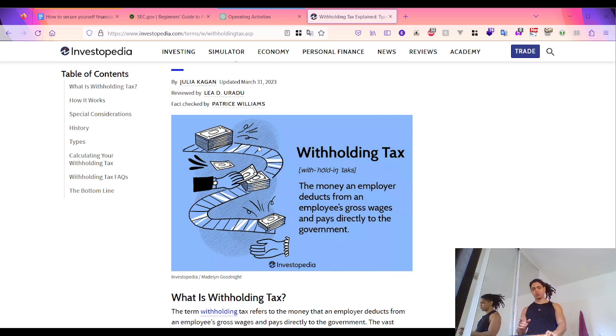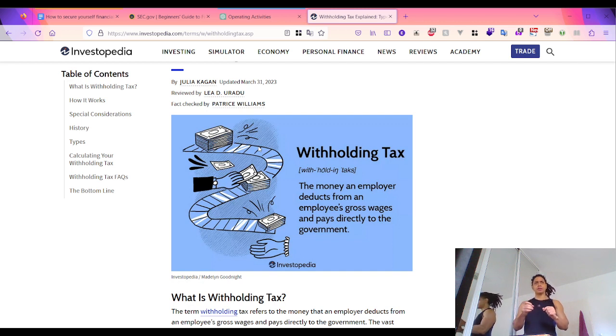Again, this is money that you owe to the government. This is corporate income tax, or money that you owe based on how much income you made. Just to put it in simple terms.